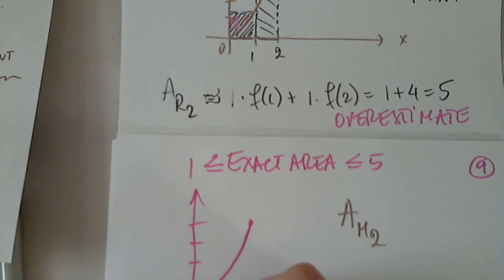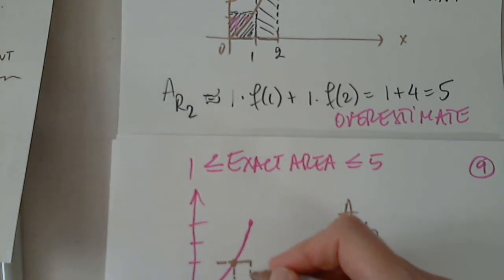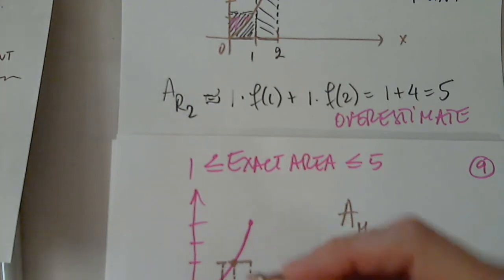Right in the middle, I draw the height. And then at that height, I create the rectangle. The same here in the middle, I draw the height. At that point where it touches or crosses the function, I draw the horizontal, and I get that rectangle.